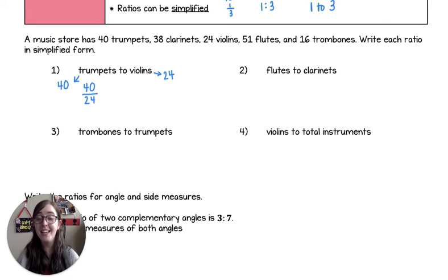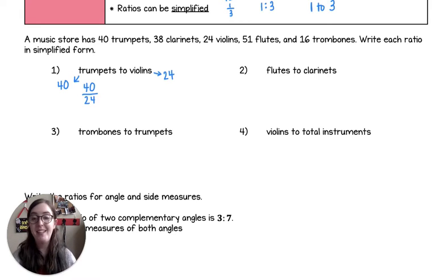Now, you might recognize the biggest number that goes into both 40 and 24 really quickly, or you might not. If you see that 8 goes into both of those, please divide both 40 and 24 by 8 and simplify. If you're not seeing that though, it's also really easy to just keep on simplifying until you get to your answer.